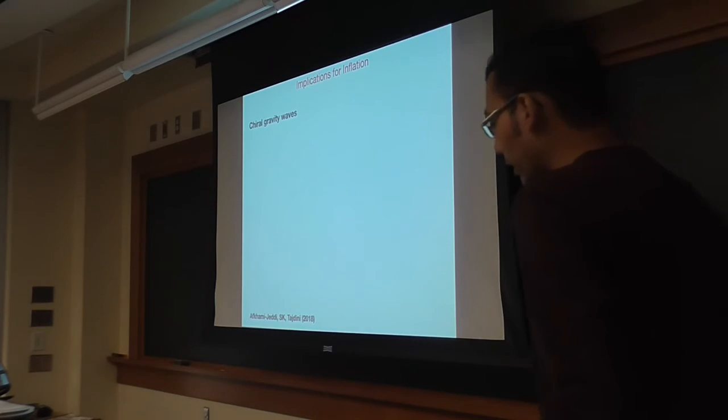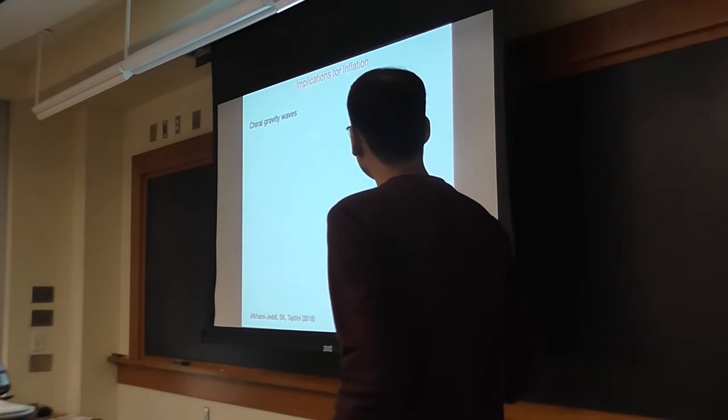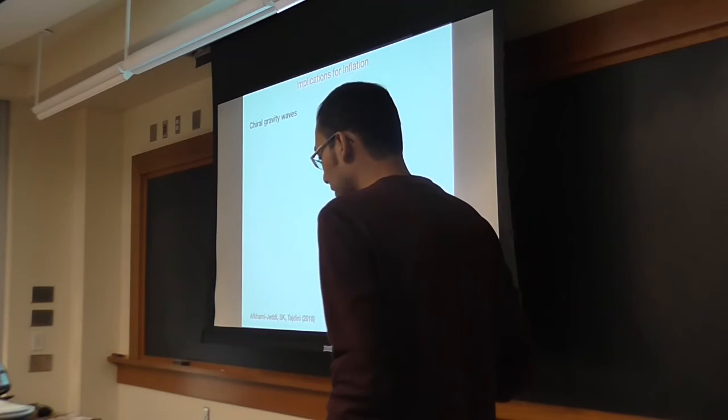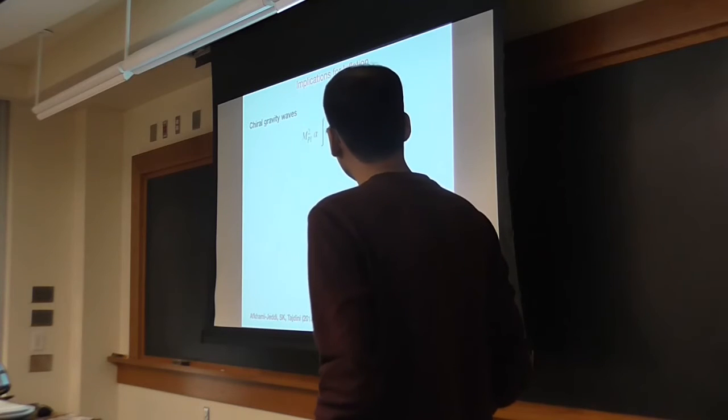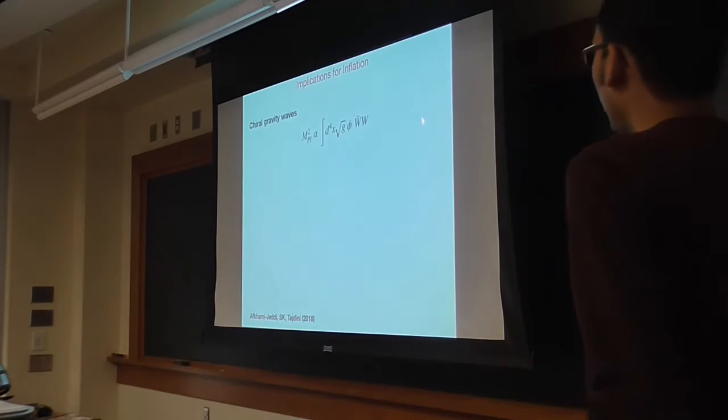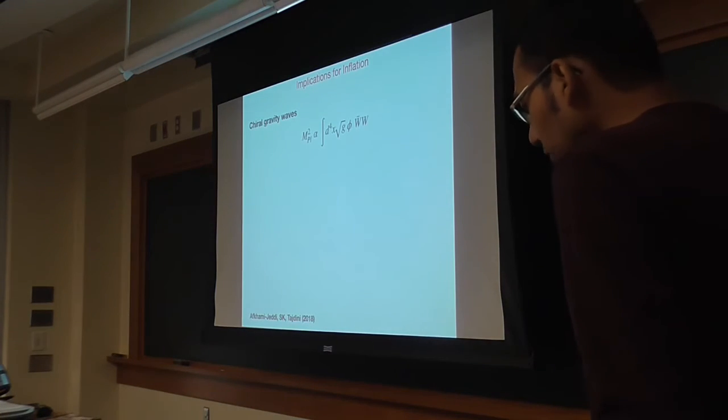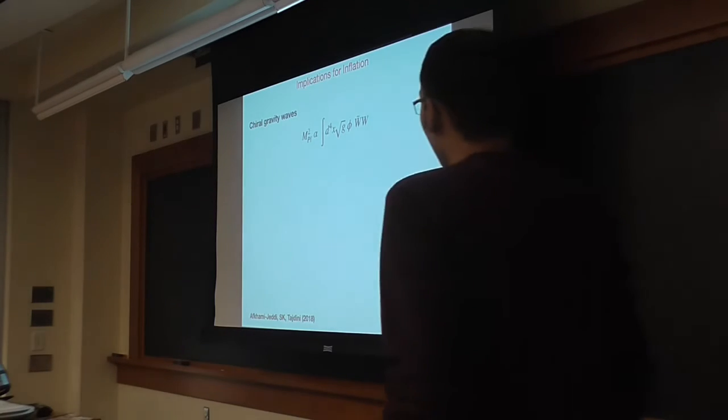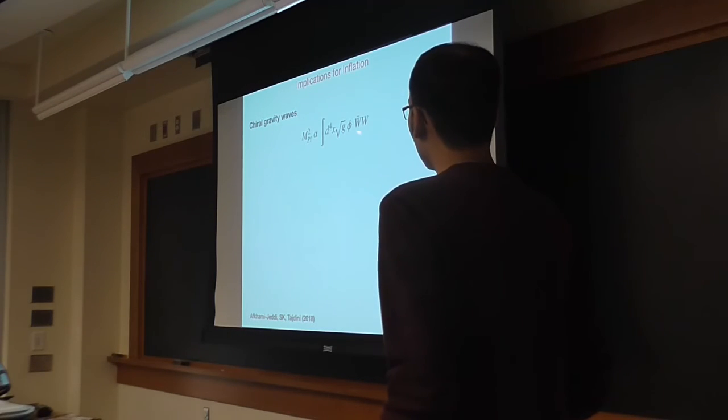Because I don't have time, let me just tell you what kind of things you can constrain. For example, an interaction like this in the bulk, of this form where W is the Weyl tensor. It's easier to constrain them from the CFT side.